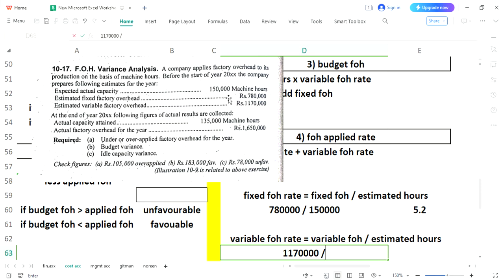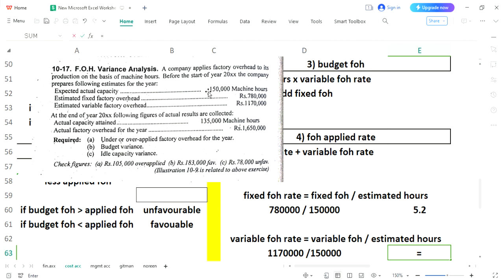Here you can see the expected or estimated hours mentioned, which is 150,000. So put 150,000 here. This was your mathematical statement, and you are advised to write the mathematical statement first and then calculate.